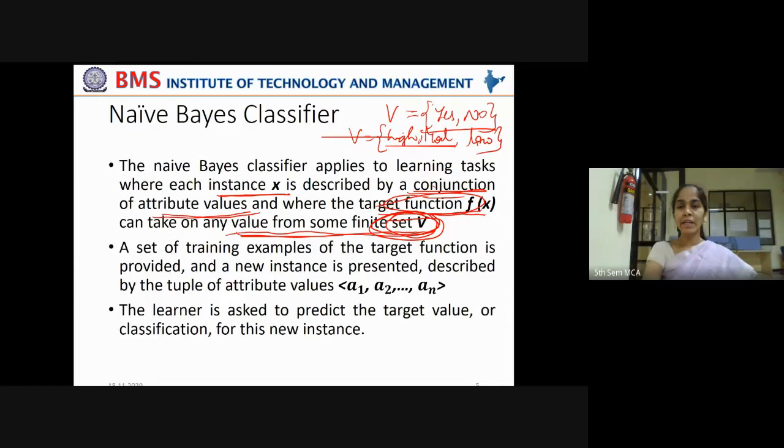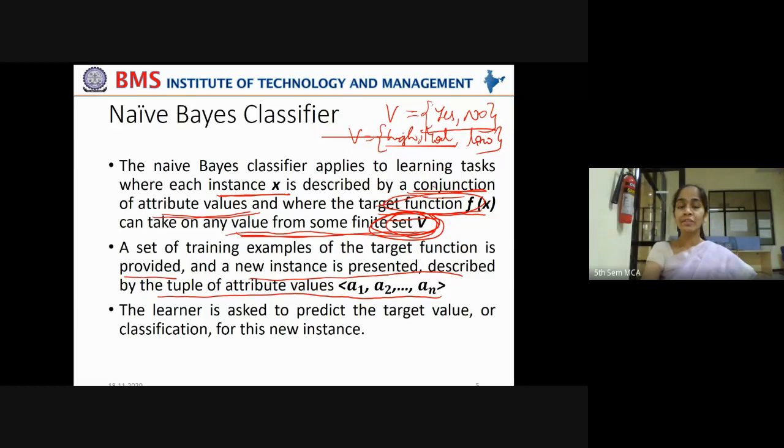Now, a set of training examples of the target function is provided. Even the target labels are provided, whether yes or no, or whether high or moderate or low.